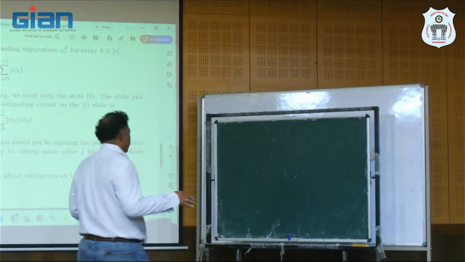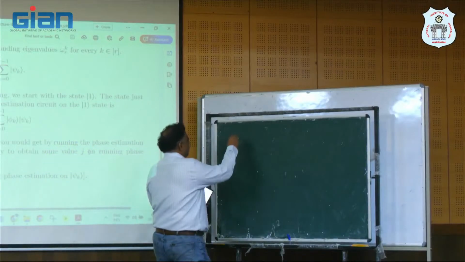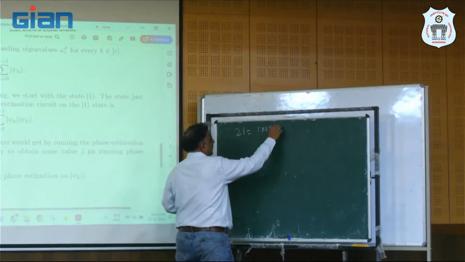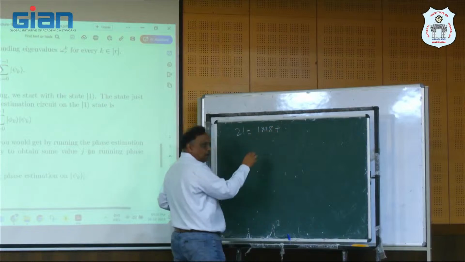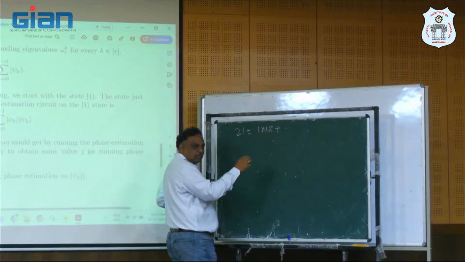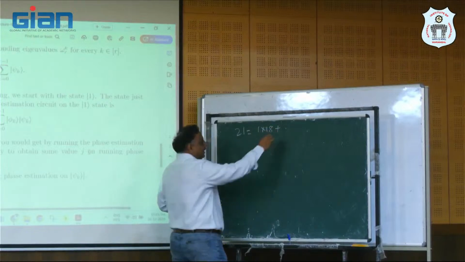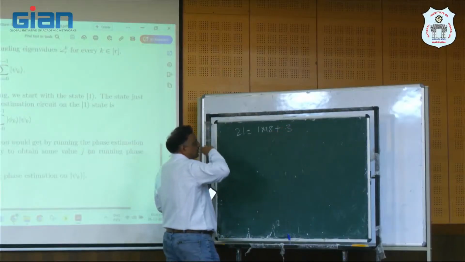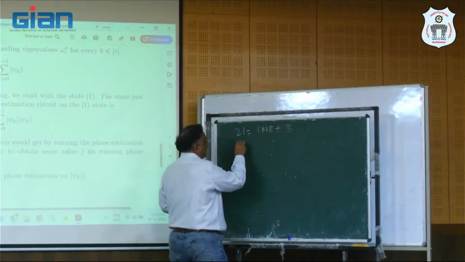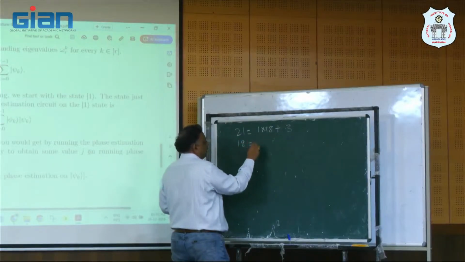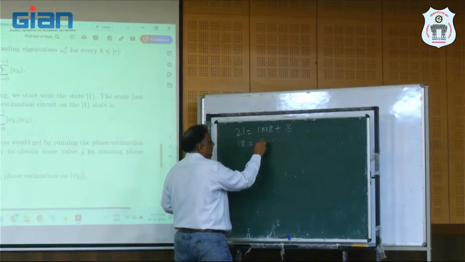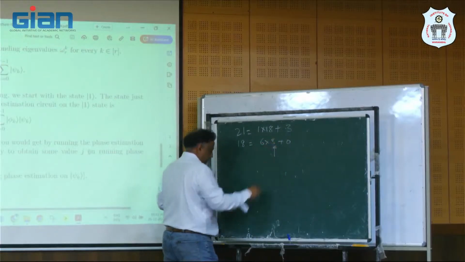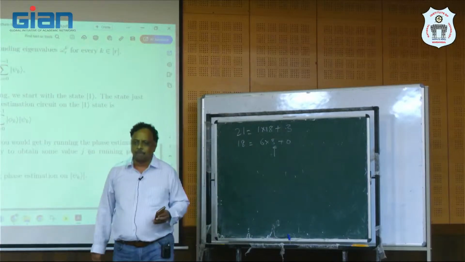Let's see whether we get 3. So 21 equals 1 into 18 plus 3. So we repeat it on 18 and 3. 18 equals 6 into 3 plus 0. So 3 is the answer.